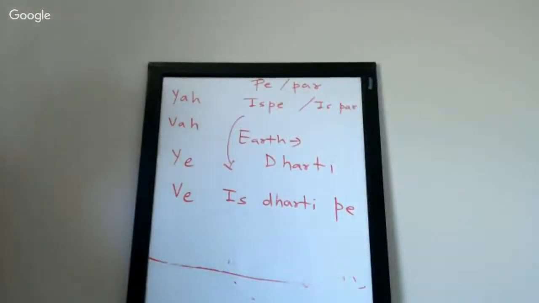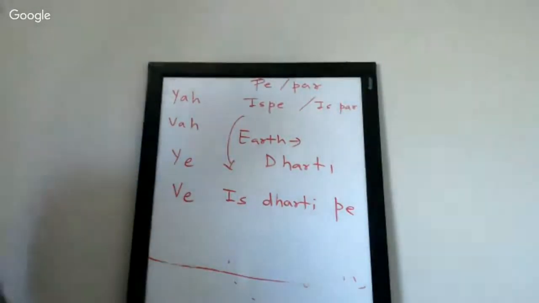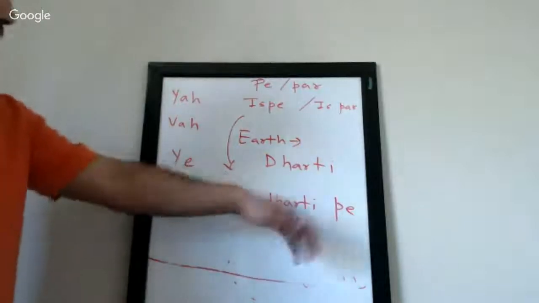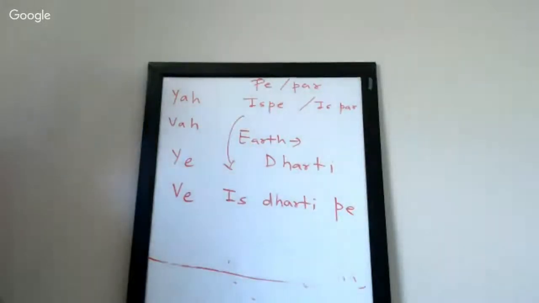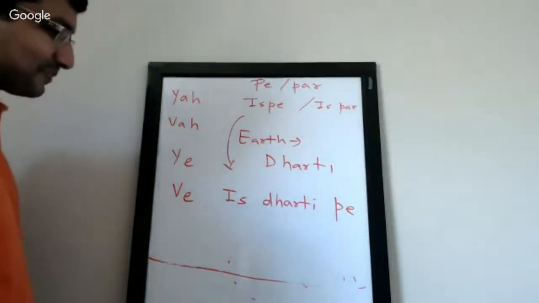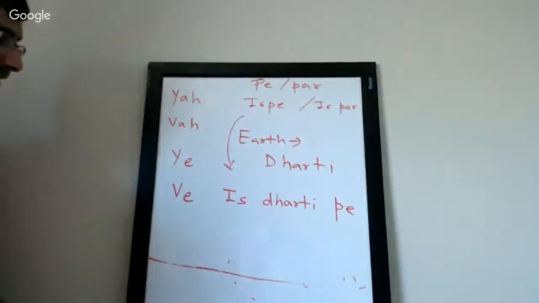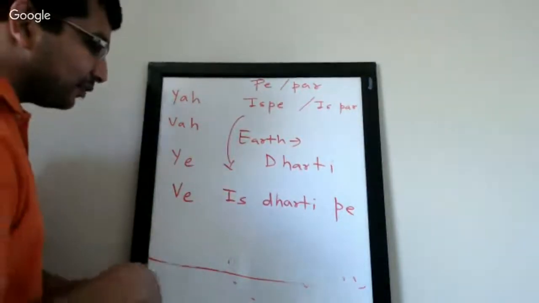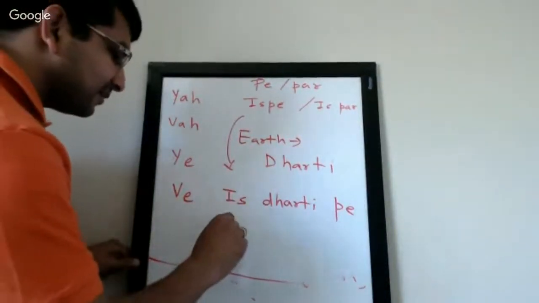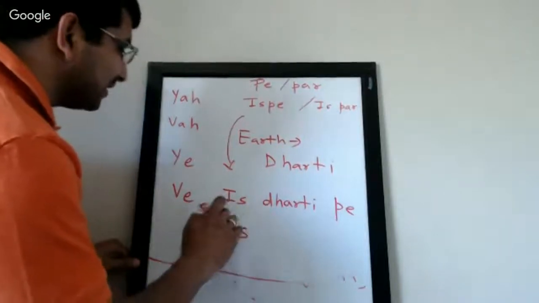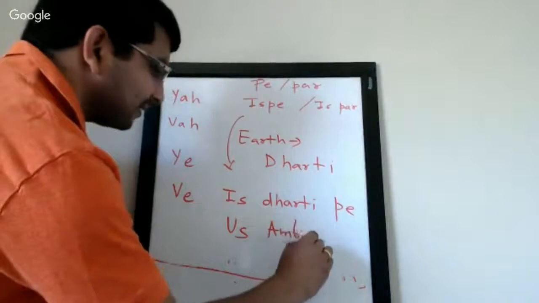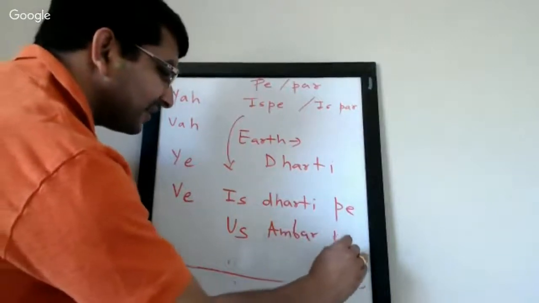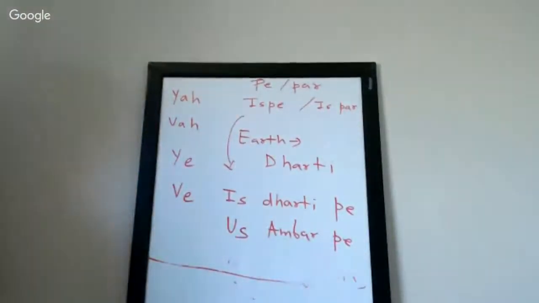If you just Google it, dharti pe, maybe something will show up, and you'll see a lot of other songs in this context. And the sky is known as amber, right? So you'll have us amber pe, in that sky, or on that sky, sorry.